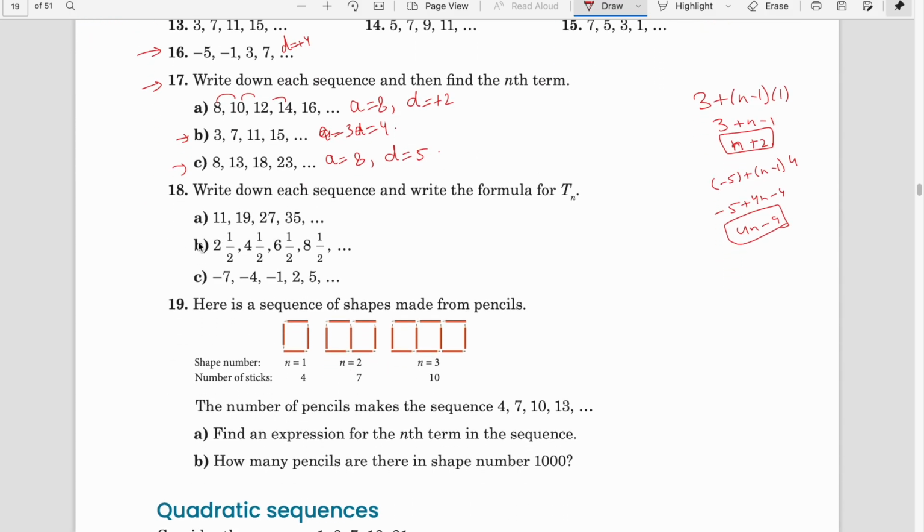Try it for 18B. The numbers are increasing by 2, so d is equal to plus 2 and value of a is equal to 1 by 2 or 2.5.